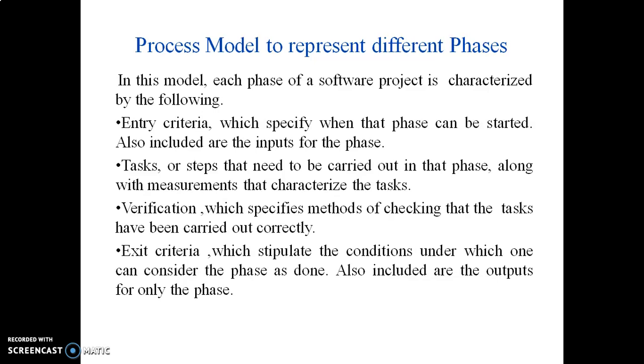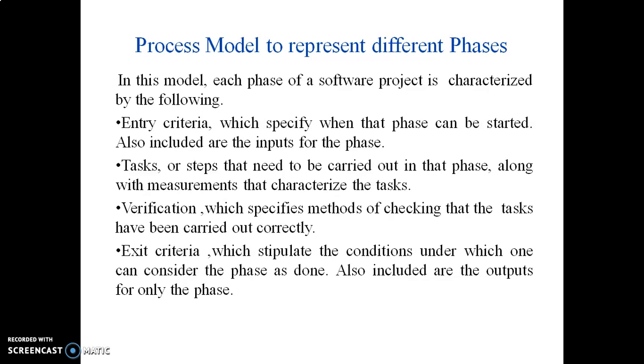Entry criteria specify when that phase can be started and also include the input for that phase. So when a phase has to be started, it must meet the entry criteria. That is, what are the inputs needed? All those things should be ready for the phase or the project to get started. This is the entry criteria.